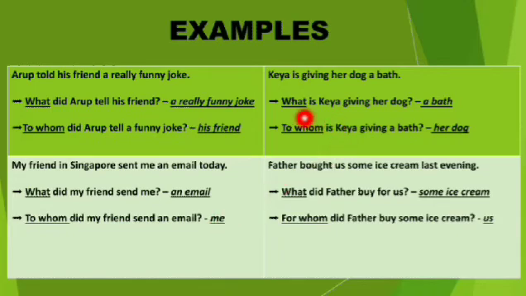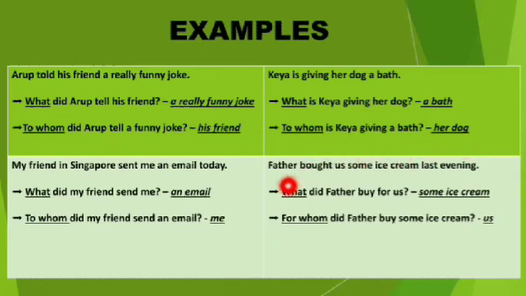Again, let's clarify with these two examples. Kea is giving her dog a bath. What is Kea giving her dog? A bath. A bath is the direct object. On the other hand, if we ask to whom Kea is giving a bath, we get the answer her dog. So her dog is the indirect object.